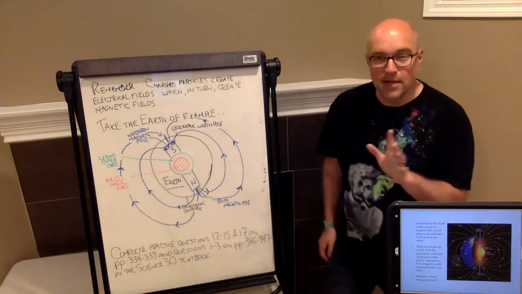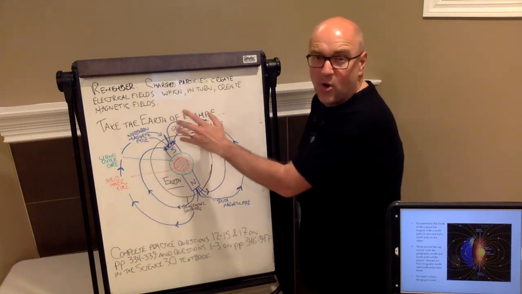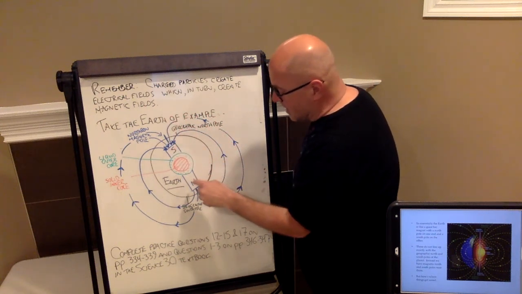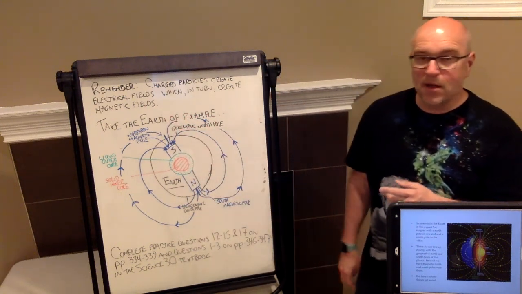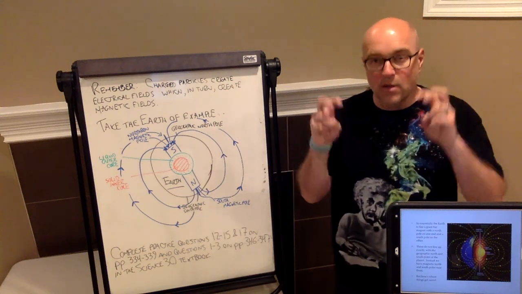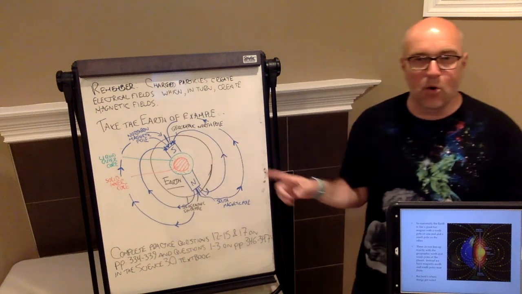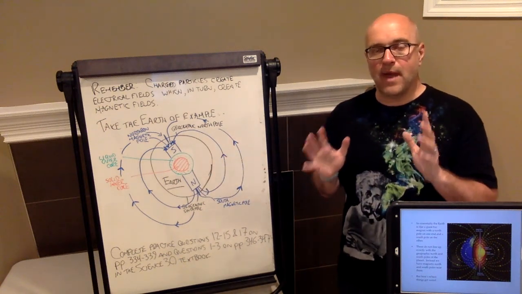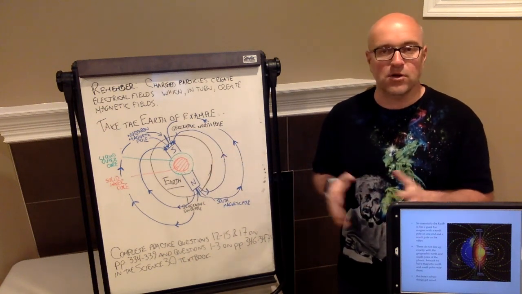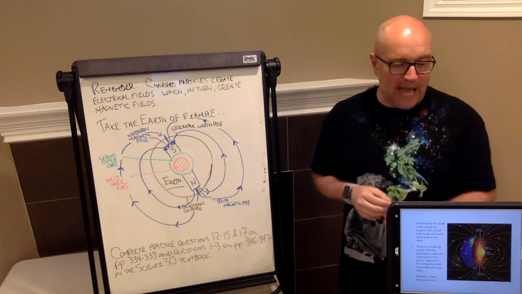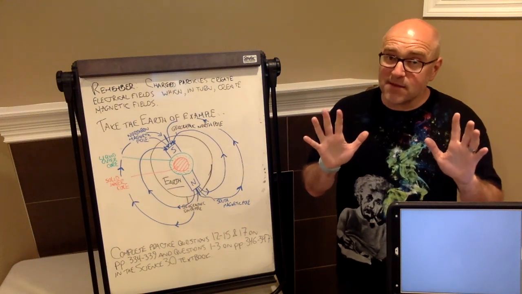But wait a second, this is the North Pole. So why is that the south and why is that the north? Well, the northern magnetic pole is only called the northern magnetic pole because of its geographical location. Technically, ready for this?